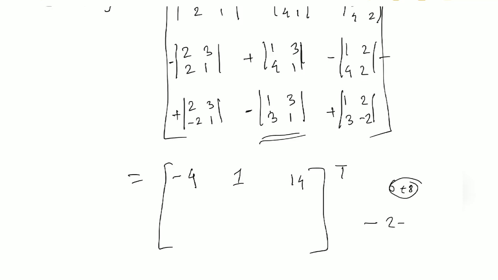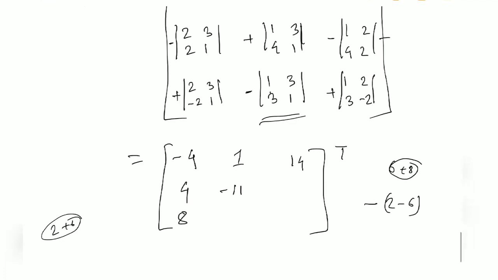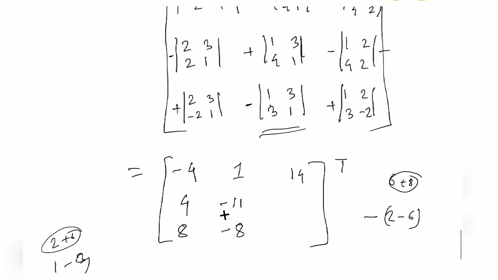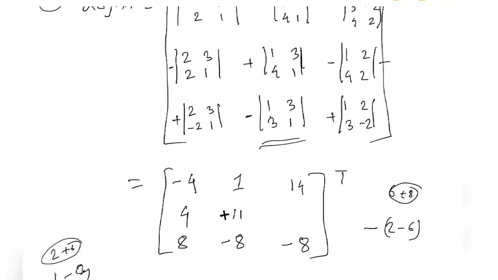Here you have 2 minus 6, so minus 4, and since there is already a minus there, it is plus 4. Here you have 2 plus 6, 8, and in this position you have minus 11, and in this position you have minus 8.